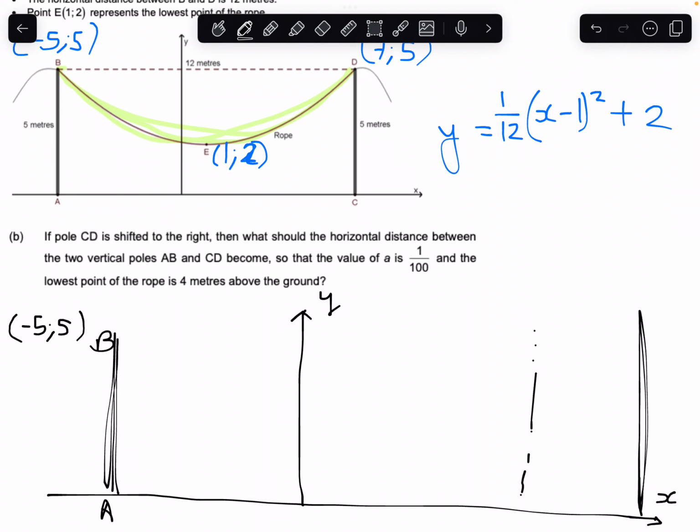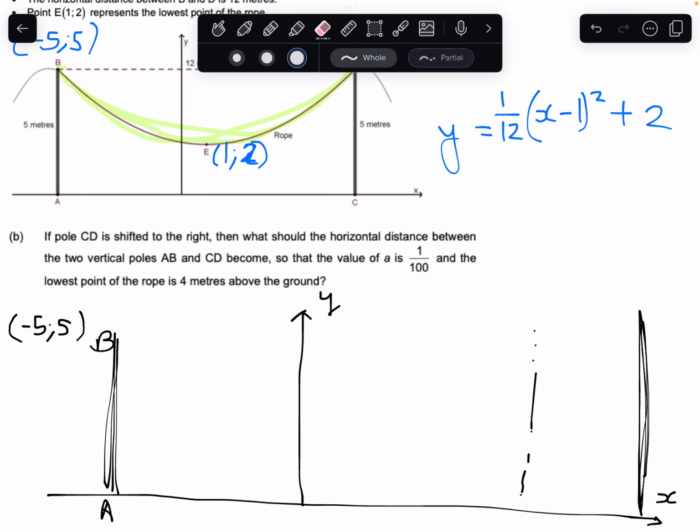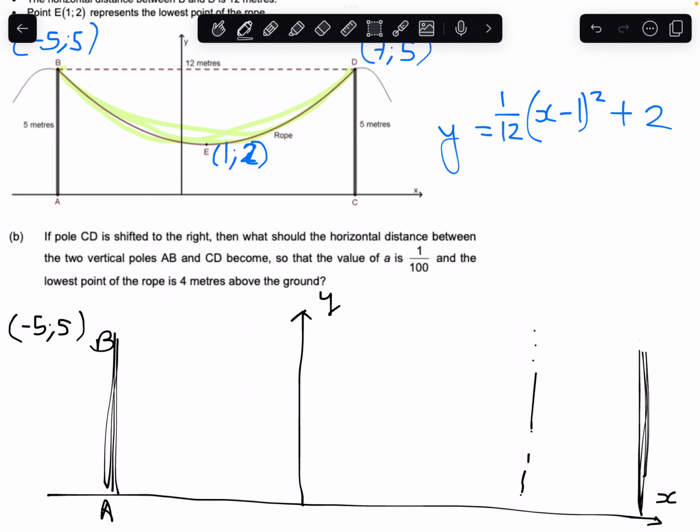But the new CD is going to be a lot taller than the other one. So this is now CD, which will have a new x value, but the y is still 5. The pole is still 5 meters high.